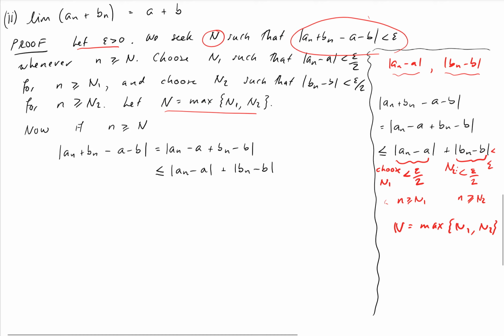And now, because of my clever choice of capital N, I know how small these two pieces are, so that is less than epsilon over 2 plus epsilon over 2, which equals epsilon, and that's what we're after.